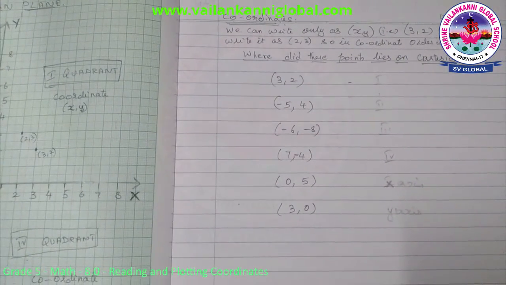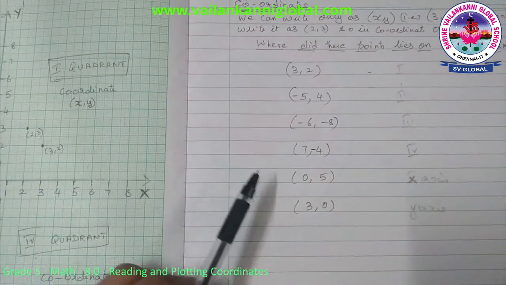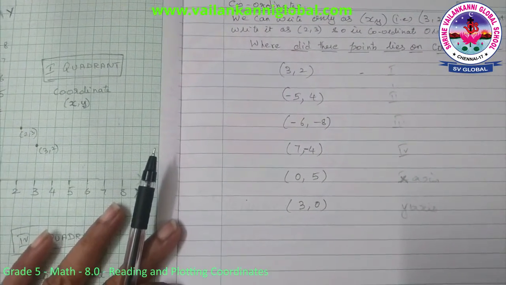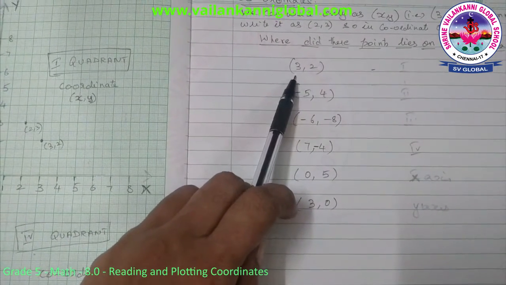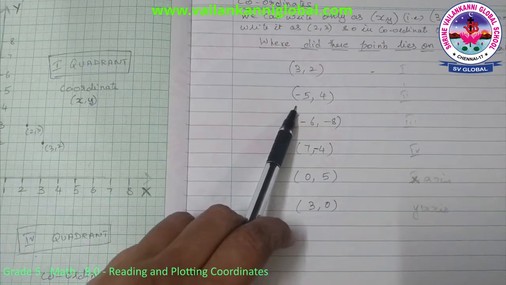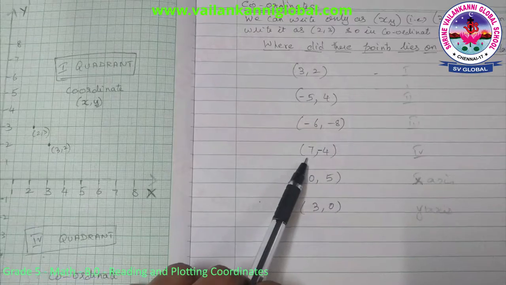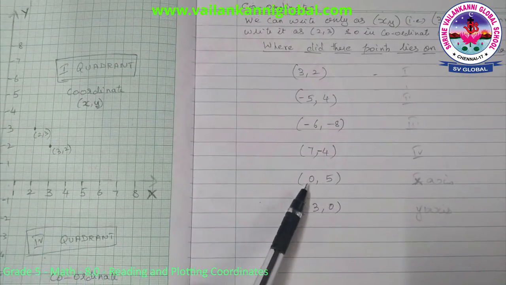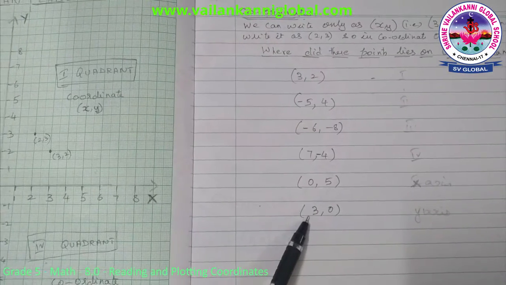Come, let us see how to name them. Here there are some coordinates. Can you tell me where they lie? The first is 3, 2; minus 5, 4; minus 6, minus 8; 7, minus 4; 0, 5; and 3, 0.